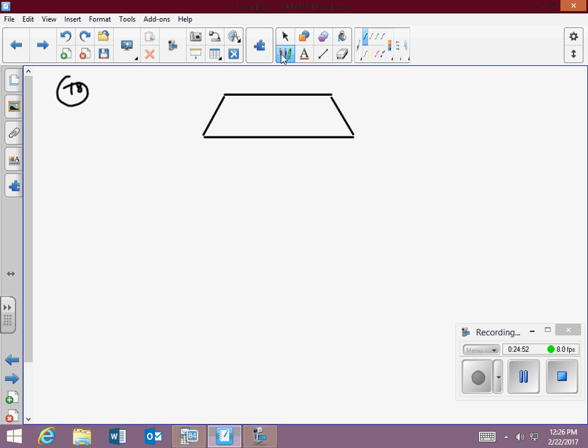So if this is isosceles, then this has to be equal to this. And it says base angles are 60, so this is 60 degrees on one side.